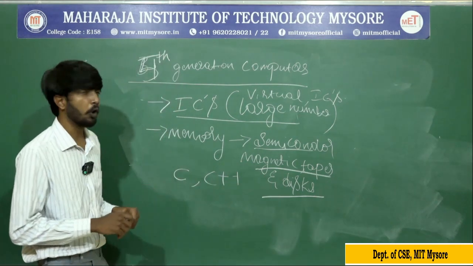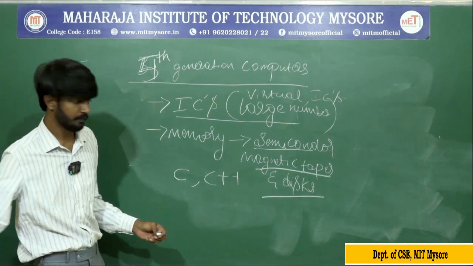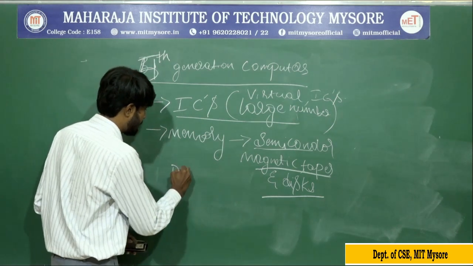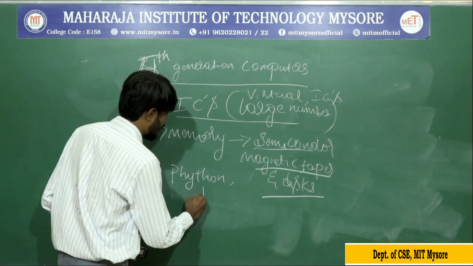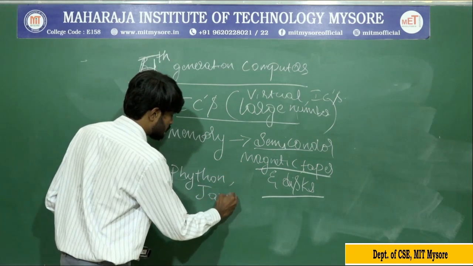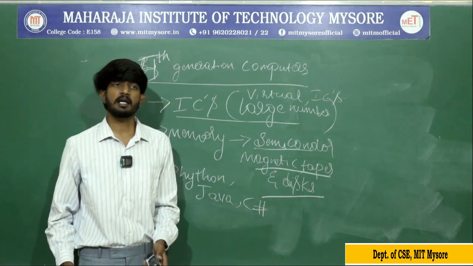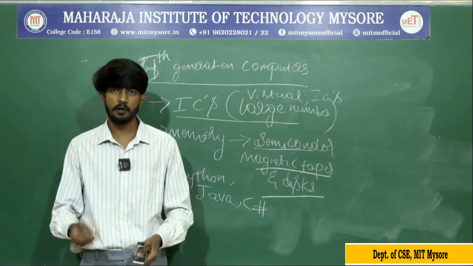So here the coding languages are Python, Java, C#. To deal with high level coding languages, the fifth generation computer came into existence.